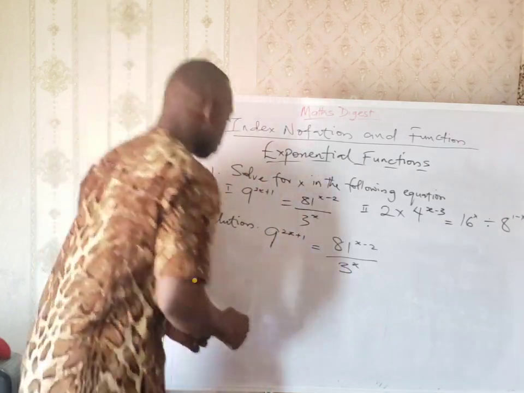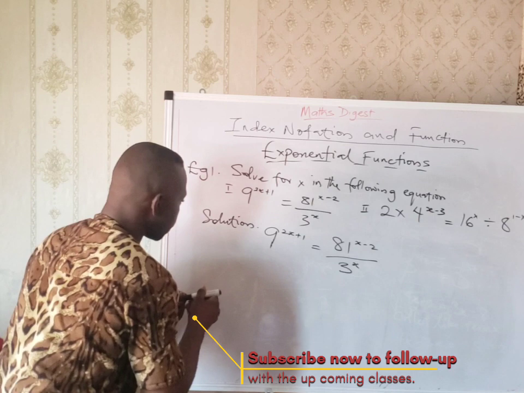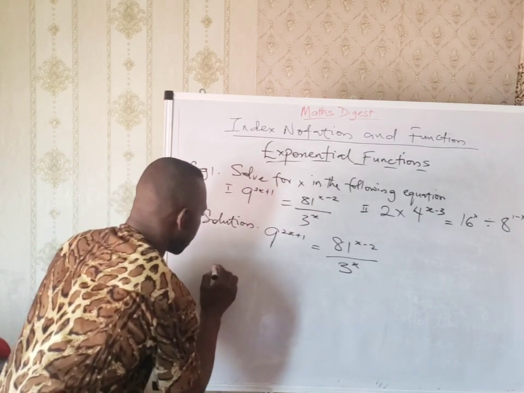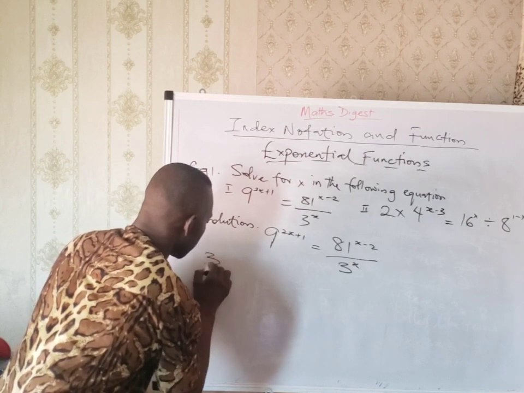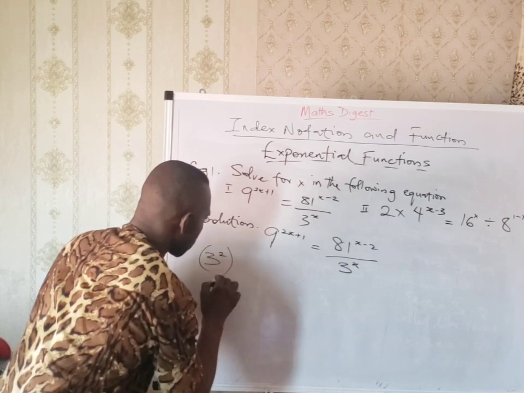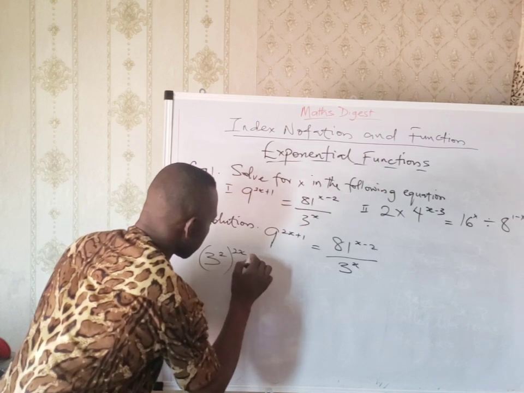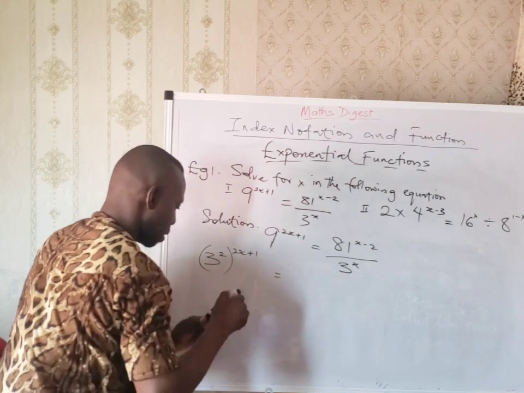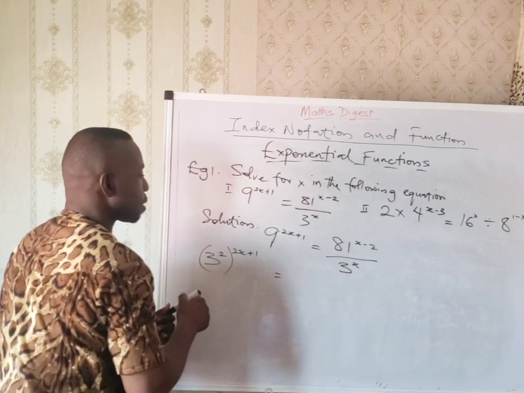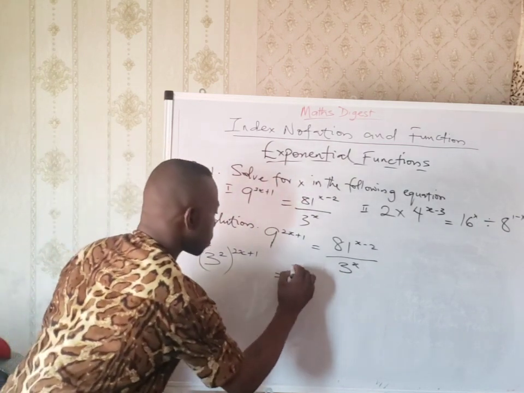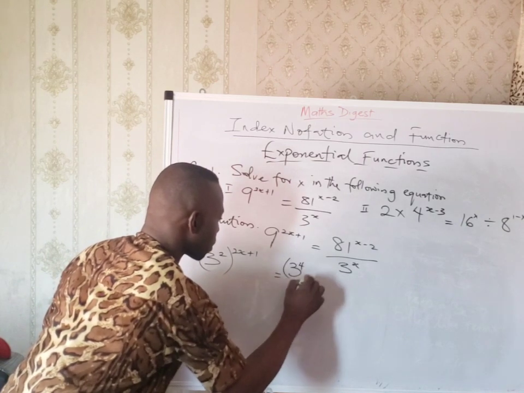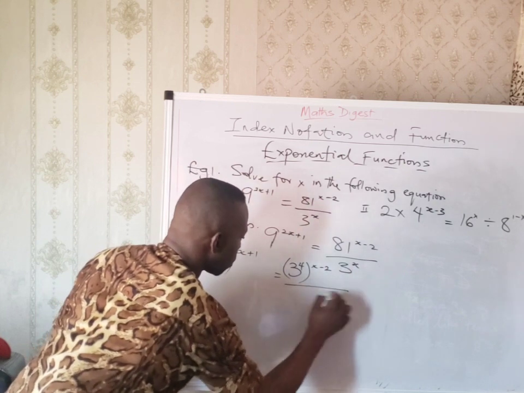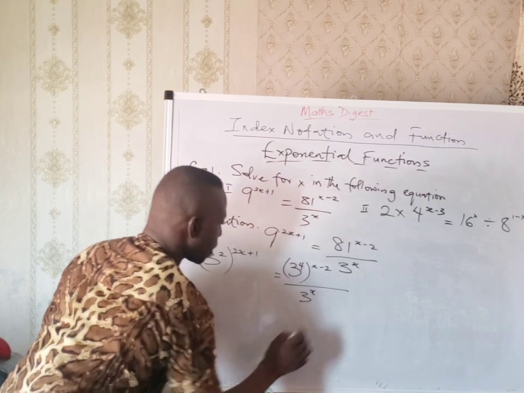So with this we say 9 is the same thing as saying 3 raised to power 2. So we have 3 raised to power 2, all raised to 2x plus 1. Now, 81 is the same thing as saying 3 raised to power 4, so 3 raised to power 4, all raised to x minus 2, all over 3 raised to power x.